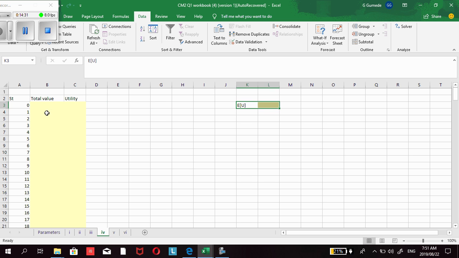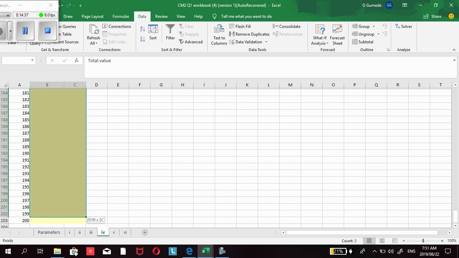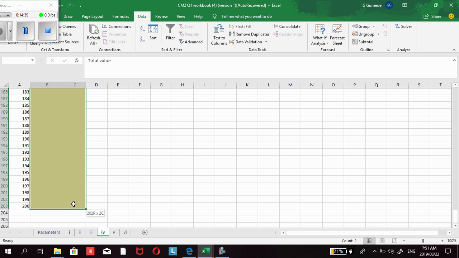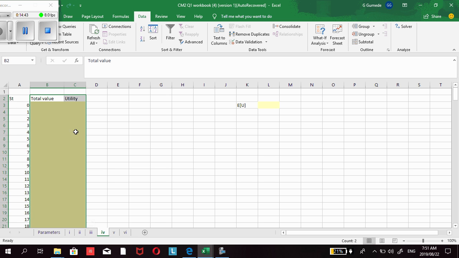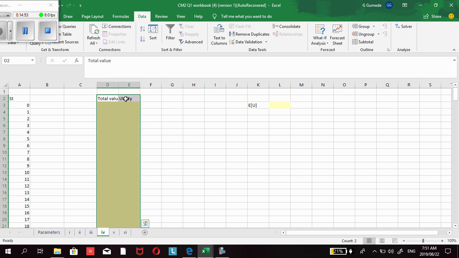And I'm going to highlight this table here, and move this so that I can put the payoffs so that it will be easy for me to calculate the values.